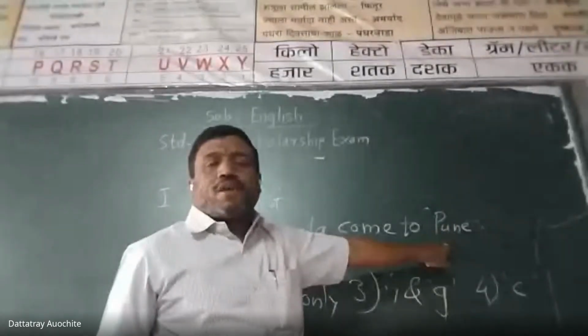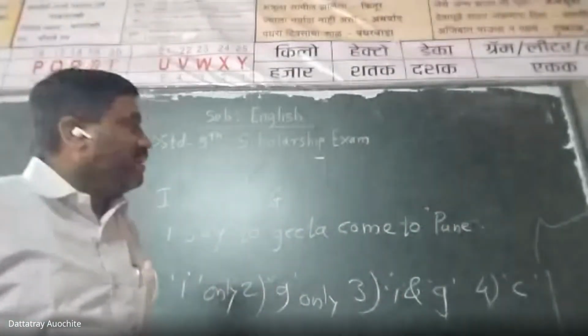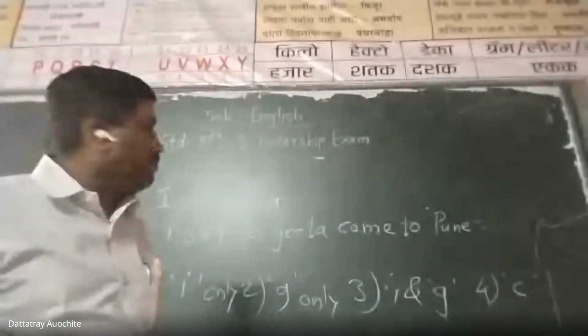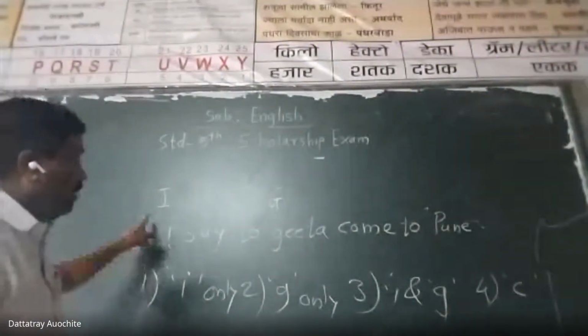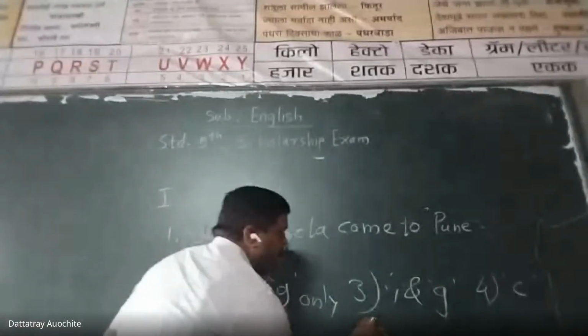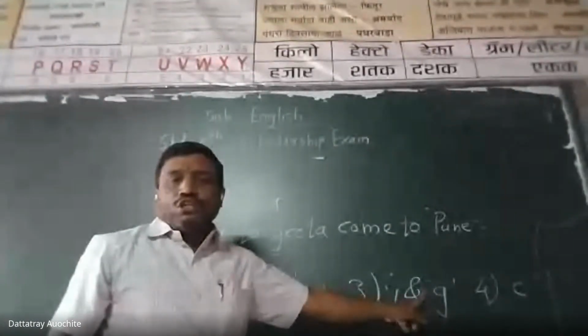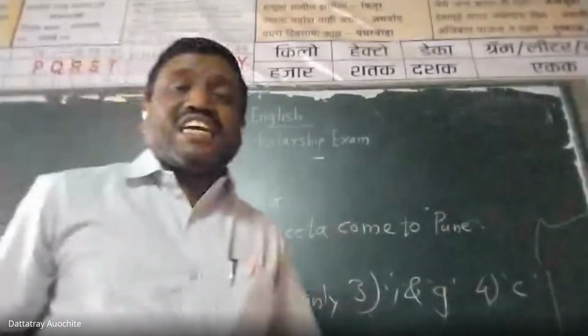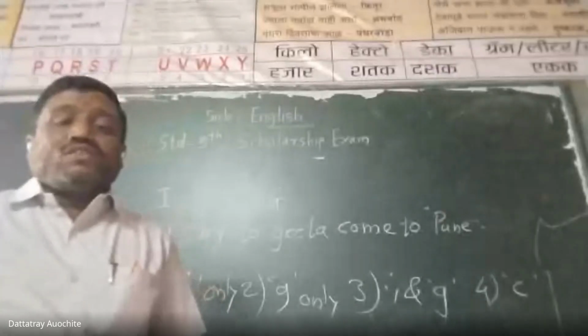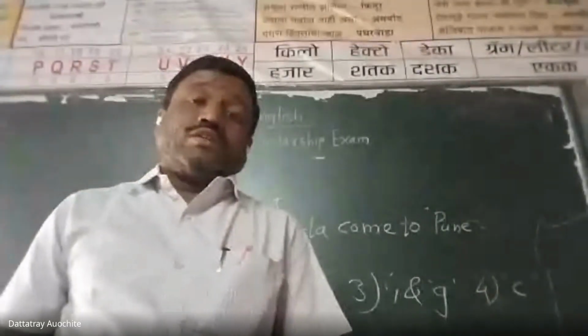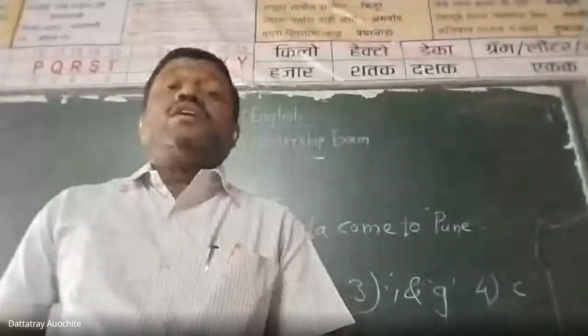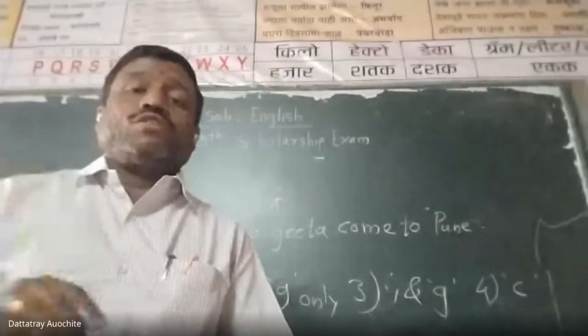Pune is also a proper noun, but it already begins with a capital letter, that's why it is correct. So option number 3, letter I and letter G should begin with a capital letter. Such a variety of questions on this content may be in your question paper.